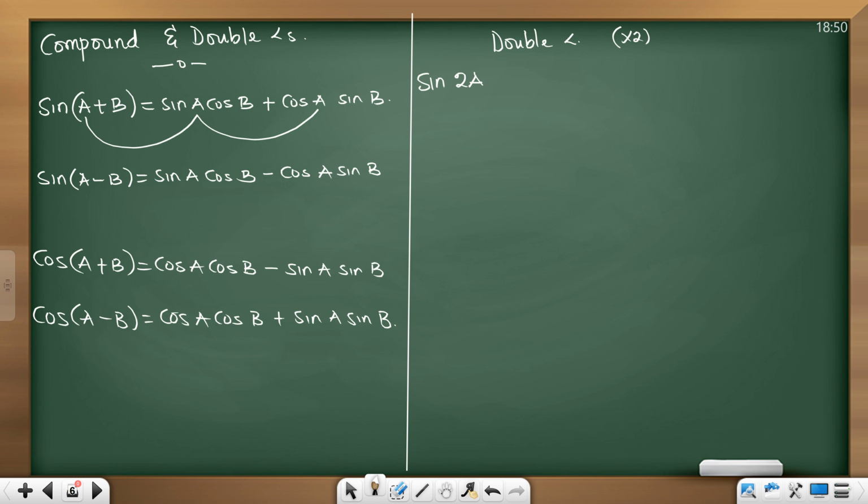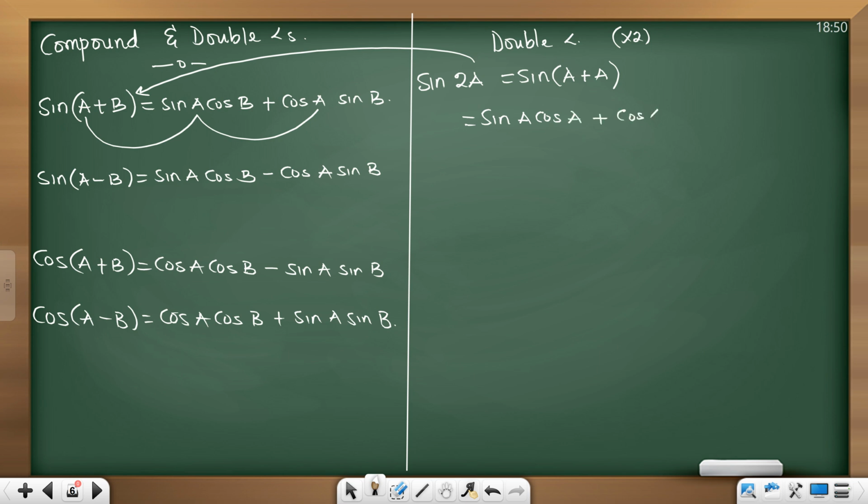Sine 2A is whatever. What does 2A mean? A plus A. This can be written as sine (A + A). Are you aware that it's exactly like the sine (A + B) formula, but my B is now A? So anywhere I see B, I write A. This would be sine A cos A plus cos A sine A. Don't multiply them out.